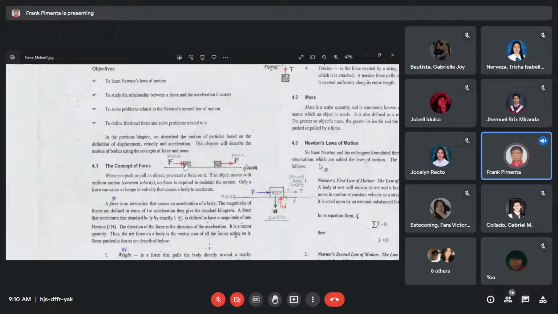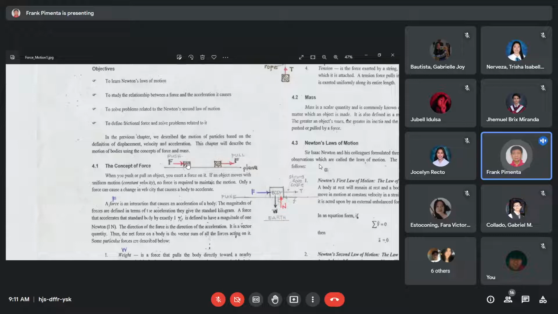It must act on the body. Because if your hand is not attached to this body, you cannot push, you cannot move the object. Therefore, force as a vector quantity must be acting on the body.